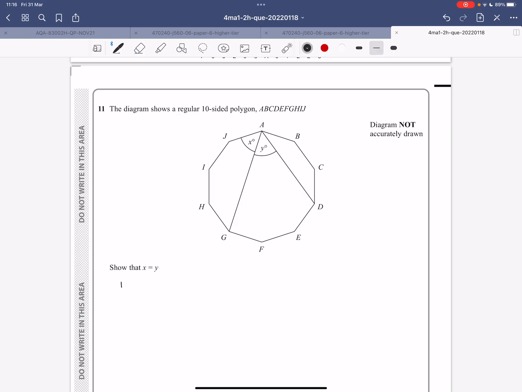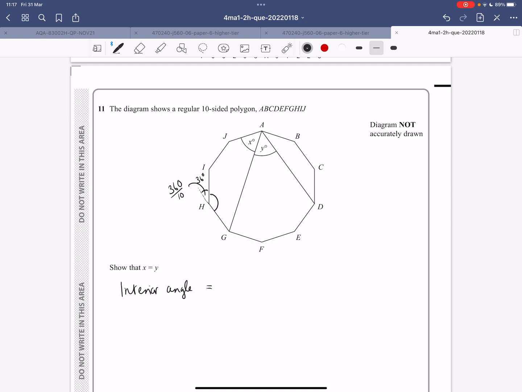The interior angle of a 10-sided polygon, which is say this one here. Just trying to think, this is making me work. The exterior angle here. There's 10 exterior angles, so that one is going to be 360 divided by 10, which is 36 degrees.